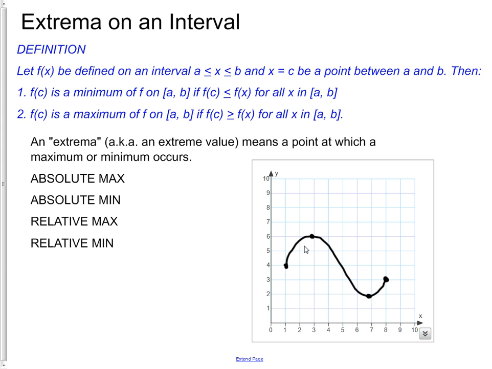Now let's just consider the points right here. Here's our interval. We're going from x equals 1, we'll call that a, to x equals 8, and we'll call that b. So what can we say about our extrema? Well, certainly at x equals 3, you can see, or thereabouts anyways, we're going to need some good methods to find those points.